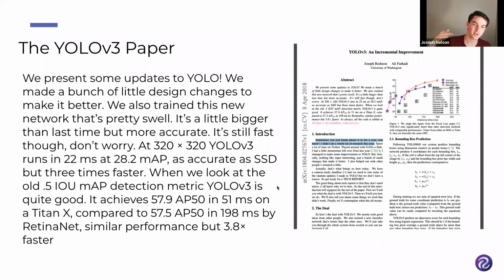So YOLOv3 came out in 2018, and as you can see in the paper in the upper right-hand corner here, the improvements on the COCO data set compared to other prominent models at the time, RetinaNet-50, RetinaNet-101. And what you'll notice is the emphasis of the YOLO family models on speed.